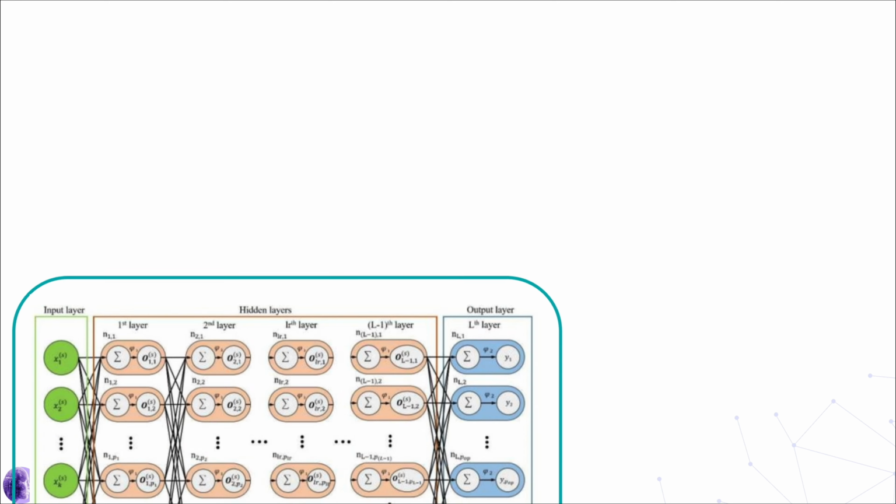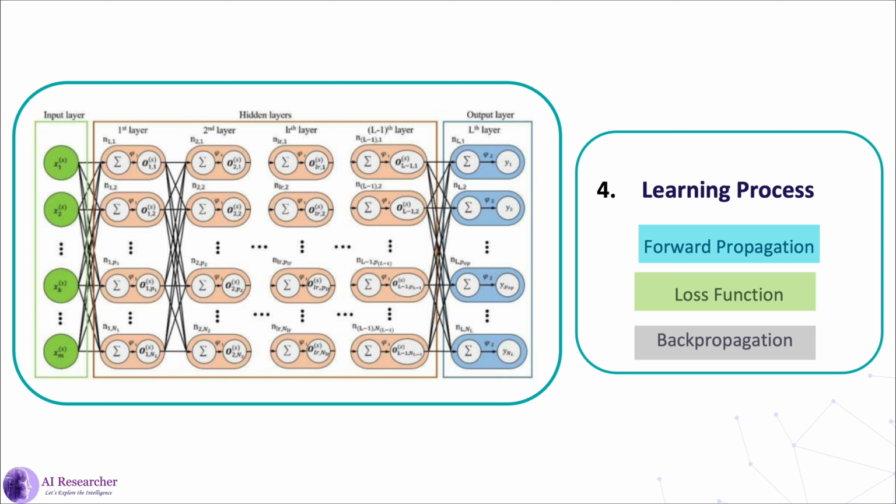Next is the learning process: forward propagation, loss function, backward propagation. In forward propagation, what exactly happens? Inputs are passed through the network from input to output layer, and each layer's output is calculated based on its weights, biases, and activation function.